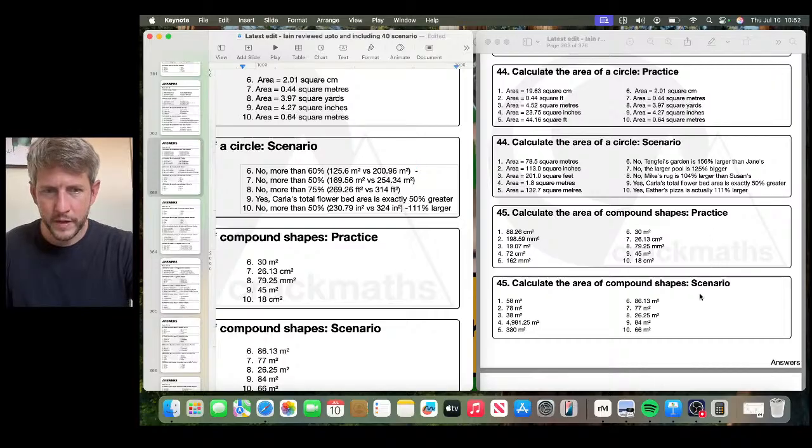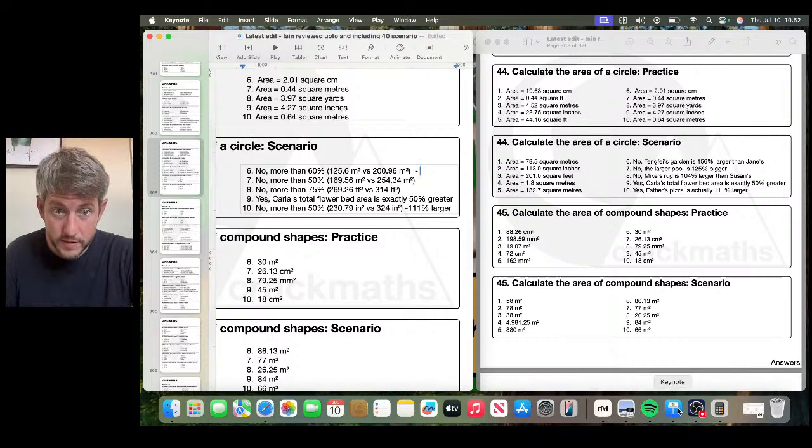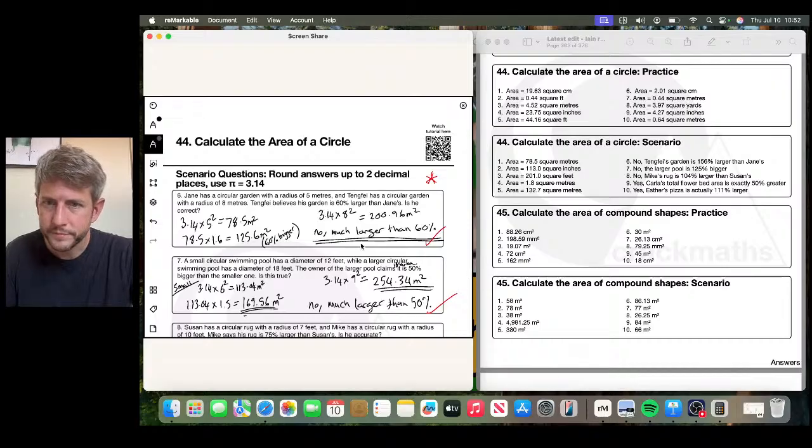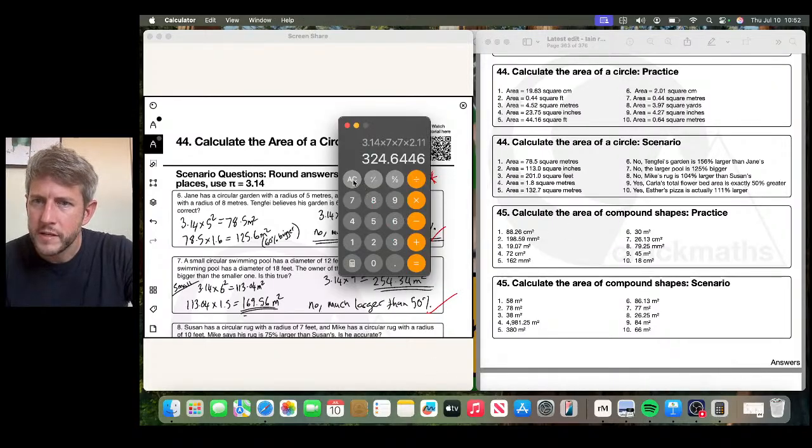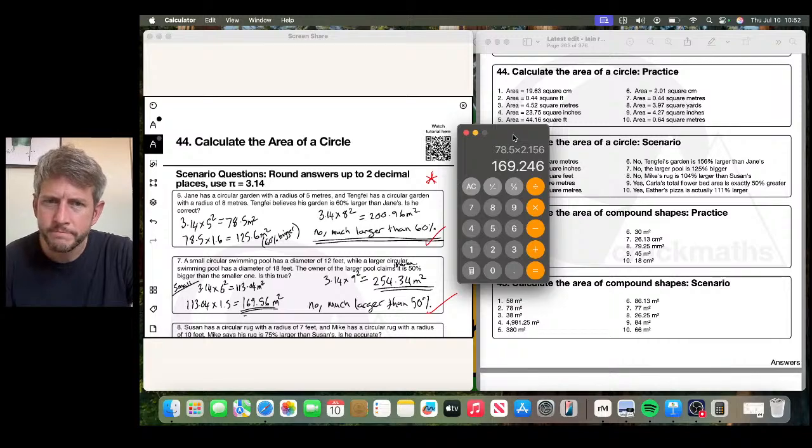So if I go back to here, to the remarkable, 156% larger is going to be this 78.5 multiplied by 2.156, and that should give me the 10 phase garden, which is 169.